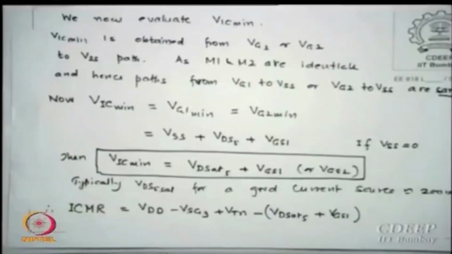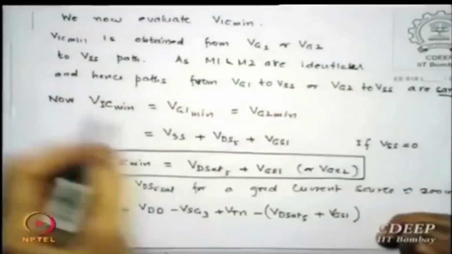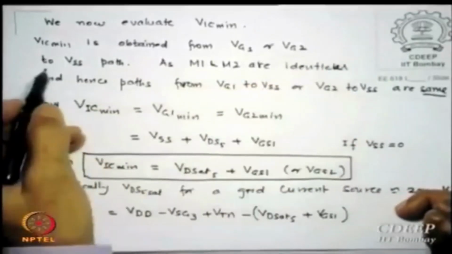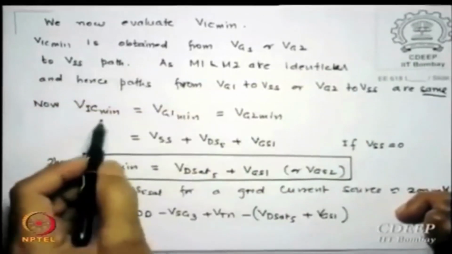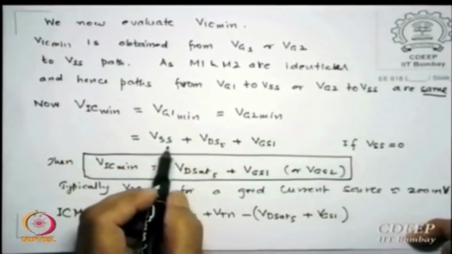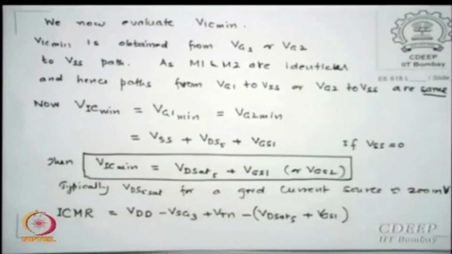So with the VIC minimum being the VG1 or VG2 minimum to VSS path, VIC minimum is VG1 minimum or VG2 minimum, which is VSS plus VDS5 plus VGS1 or VGS2, because we are assuming VSS to be 0 anyway.